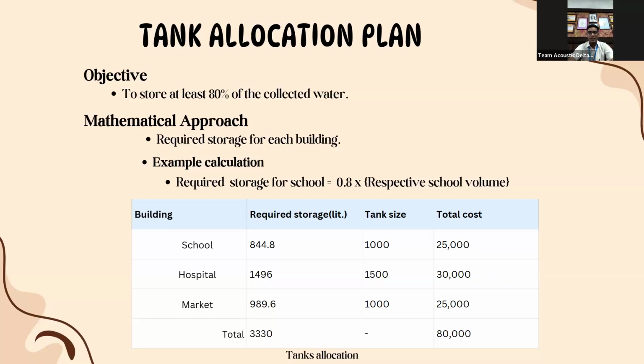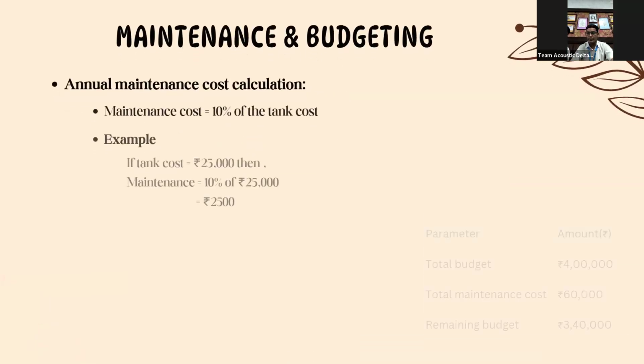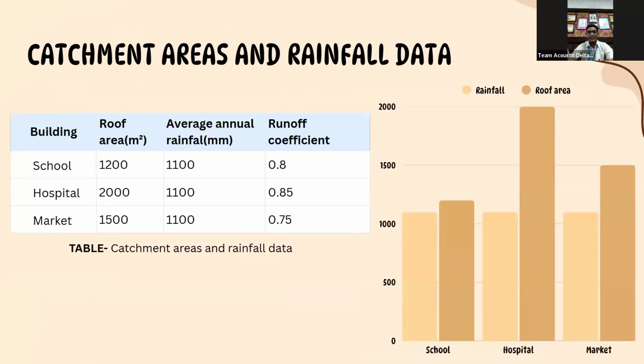So the runoff coefficient tells how much percentage of the water is going to be harvested, which we have written in our tables. That is 0.8 for schools, which means 80% of the rainfall is going to be harvested.